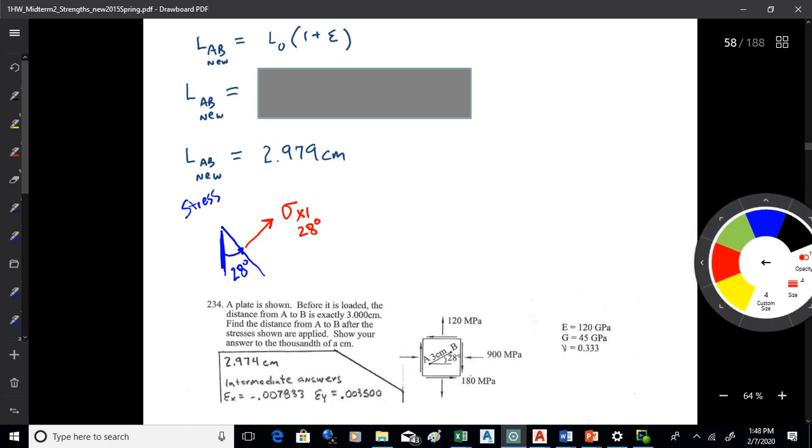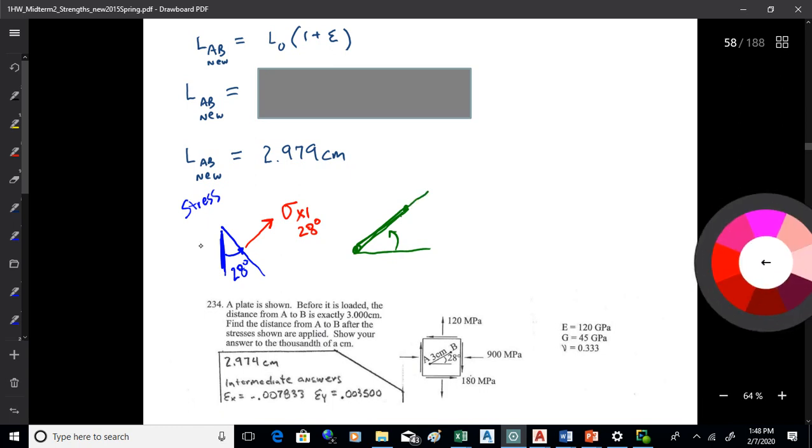In order to have the strain lined up with the primary stress that causes it, the strain is referenced to the horizontal axis, because if you apply that stress to something, the deformation you get will be right in line with that stress. So at 28 degrees, that would be the strain that affects that line, mostly caused by that stress.